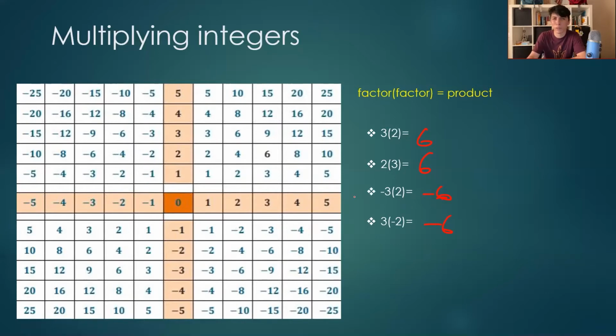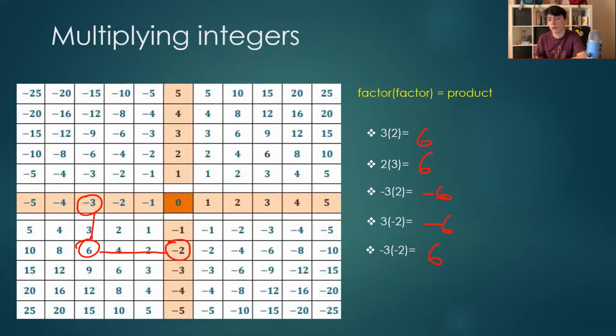What about when you're multiplying negative times a negative? Okay, let's look at that example. So if we're doing -3 times -2, let's see where they cross. You get a +6. So whenever we have two negative numbers that we multiply together, we're going to get a positive answer.